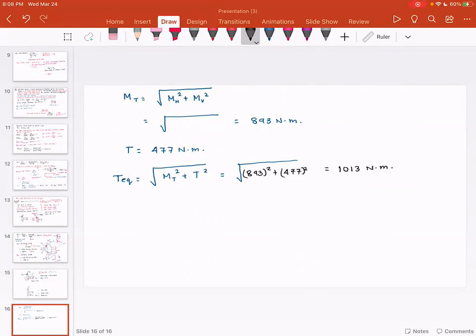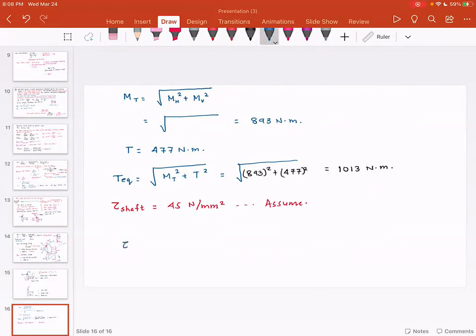Now in this particular problem, the shear stress is not given for the shaft, but I'm going to assume it to be 45 Newton per millimeter square. This is just an assumption.